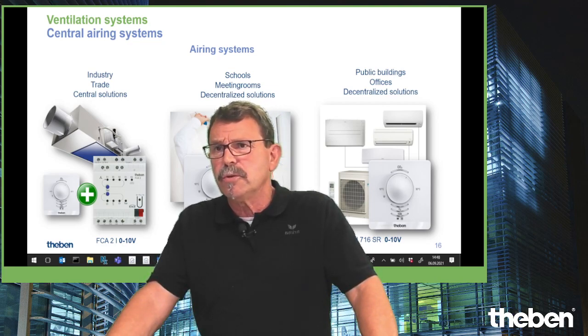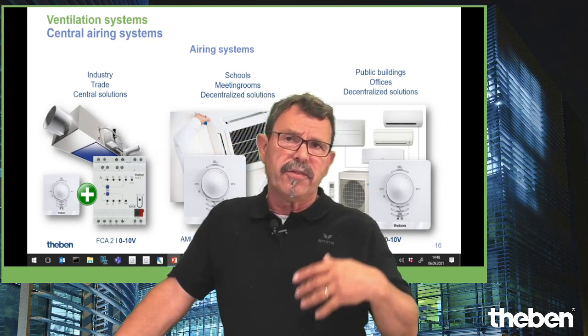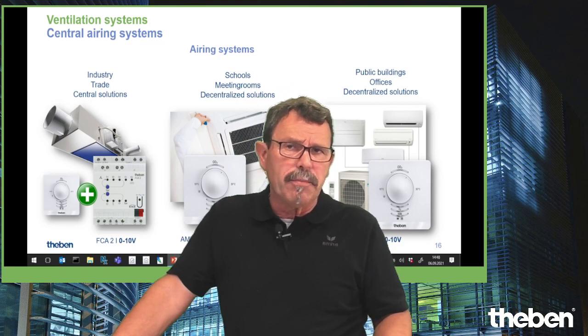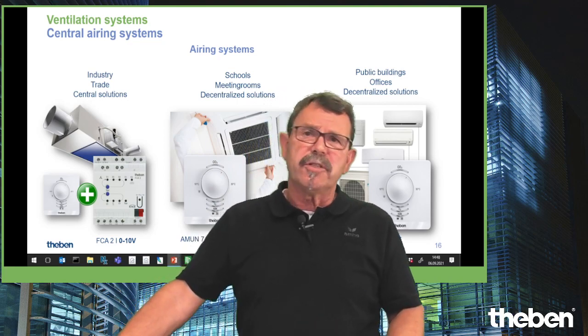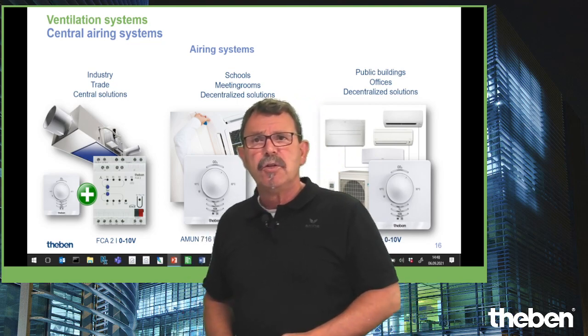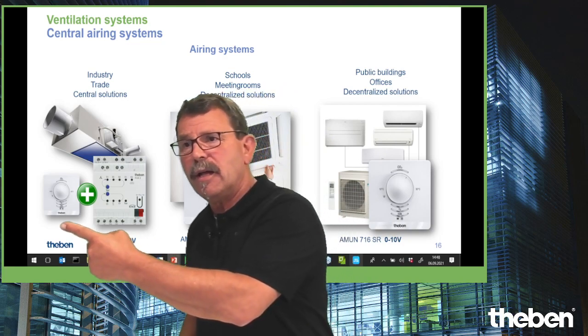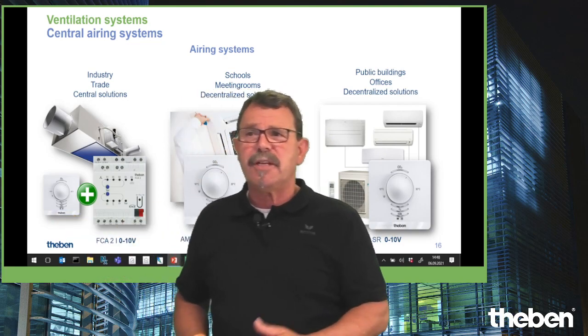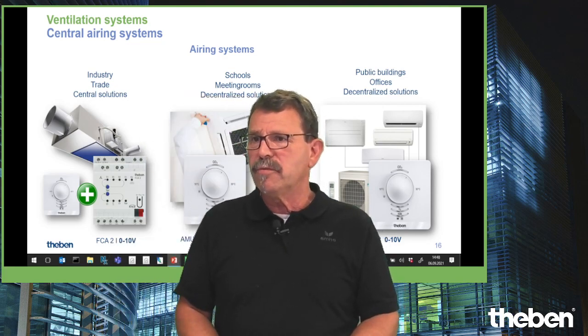In this case we use the fan speeds in either 3 steps or stepless, 0 to 10 volt controlled. Or if there is no damper in, but there is a fan which you can control stepless, 0 to 10 volt, then the FCA2 is the perfect solution. So that means the FCA as a couple together with the CO2 sensor AMUN from Theben.